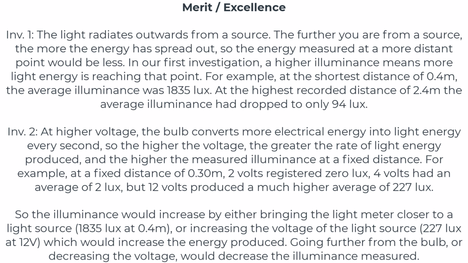So either bringing the light meter closer to a light source, or increasing the voltage of the light source, would increase the recorded illuminance. So we're seeing how both of those relationships and concepts fit together with processed evidence. Going further from the bulb or decreasing the voltage would decrease the illuminance measured.